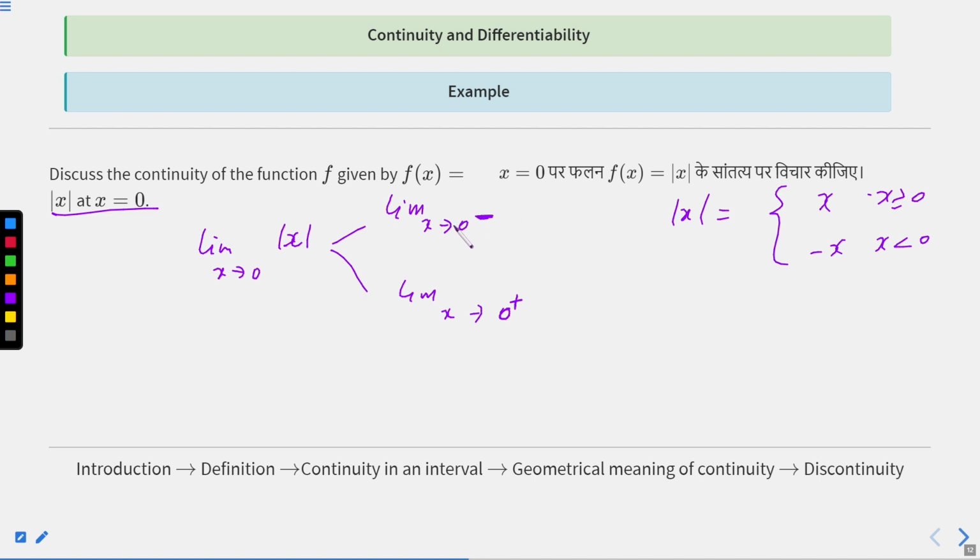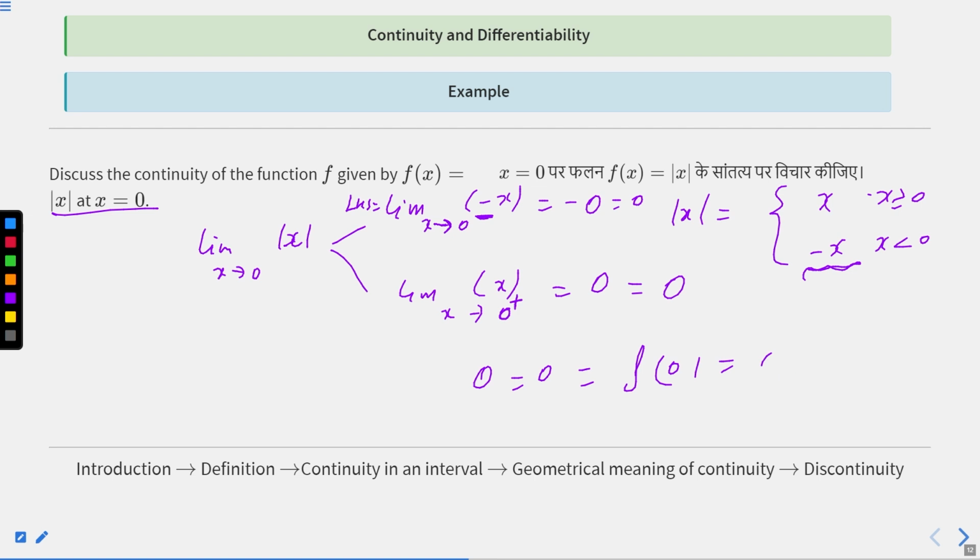If we are approaching from the left hand side, that means x will be negative, so we will be using minus of x. This means minus of 0, which is just 0, and on the right we use x, which is also 0. In both cases you get 0, which equals f(0), and f(0) is 0. So the left hand limit, right hand limit, and the actual value are all equal to each other. This means this function is continuous at 0.